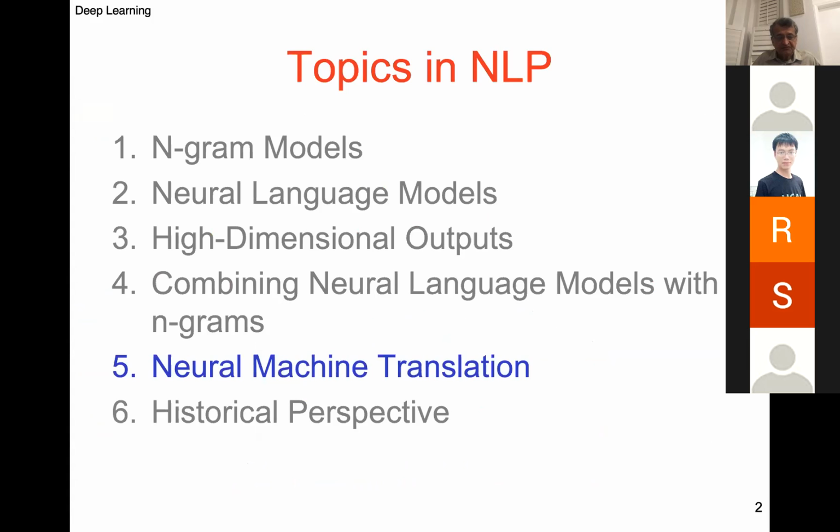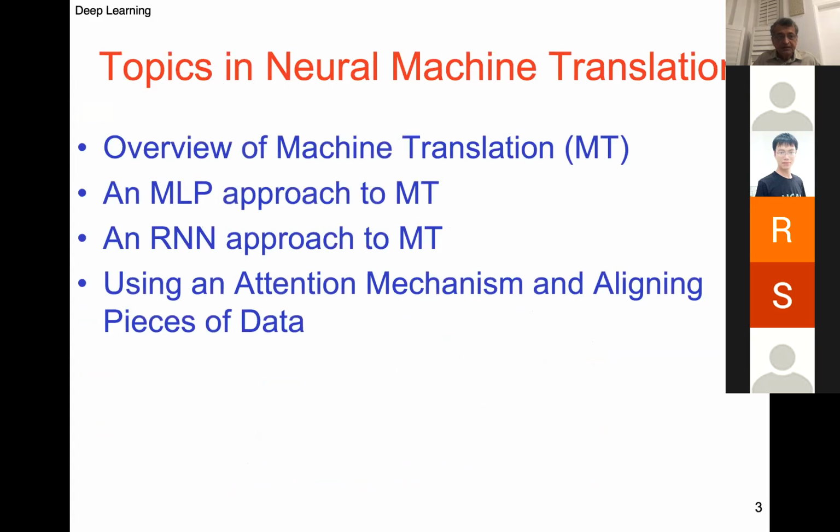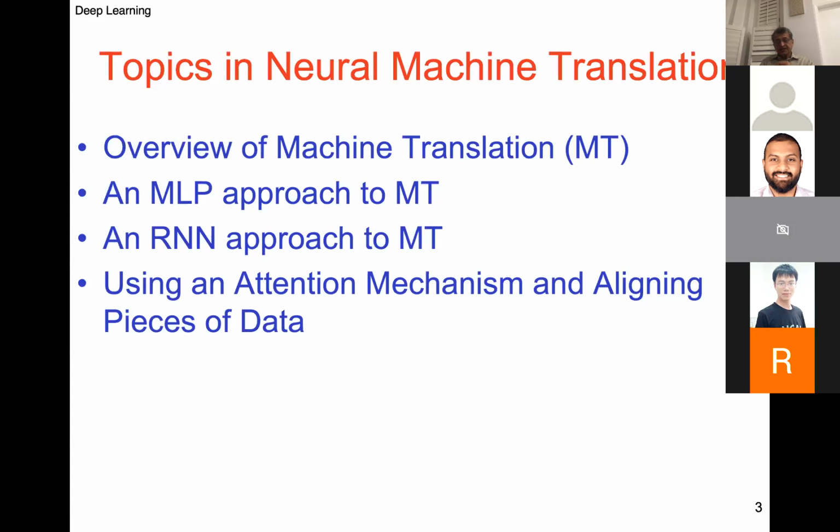We are into topic number 5, which is a significant size topic. And within neural machine translation, we'll start with an overview of machine translation, or MT. And first, we'll talk about a simple multi-layer perceptron approach to machine translation, then an RNN approach to machine translation that will lead us to using an attention mechanism and aligning pieces of data. The next segment will be just on attention models.